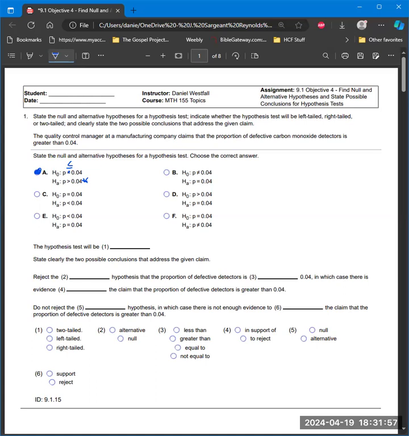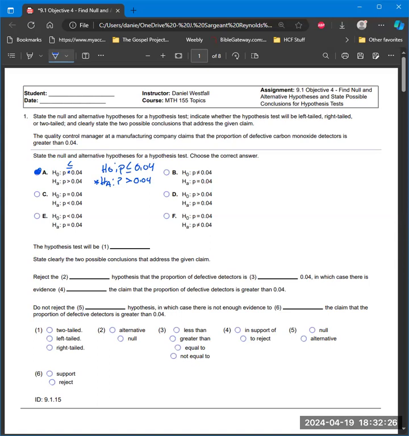So while A is technically correct, I would fix this and would say that H naught should have been written as P less than or equal to 0.04, and HA is P strictly greater than 0.04, and I'm going to put a little asterisk next to my HA because that's where my claim is.